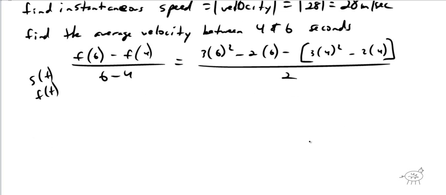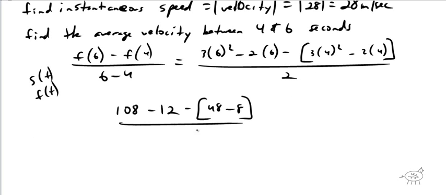So that gives us 6 squared is 36 times 3 is 108 minus 12 minus, and that's 16 times 3 is 48. Showing a little work here. Minus 8 over 2. So it gives us 108 minus 12. And then that's minus 40 gives us 56 over 2, which is 28 meters per second.